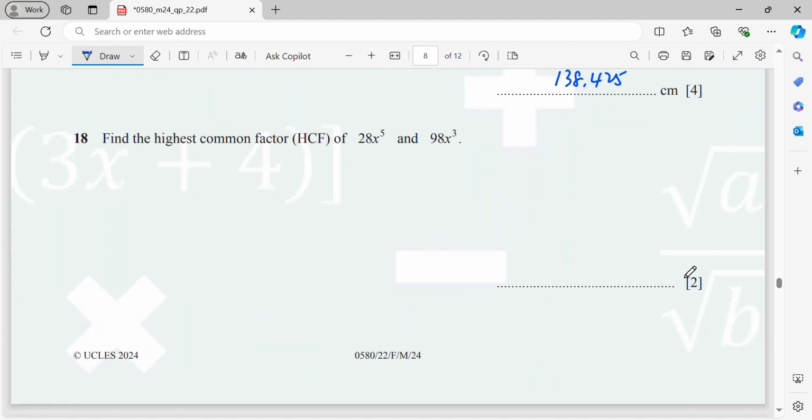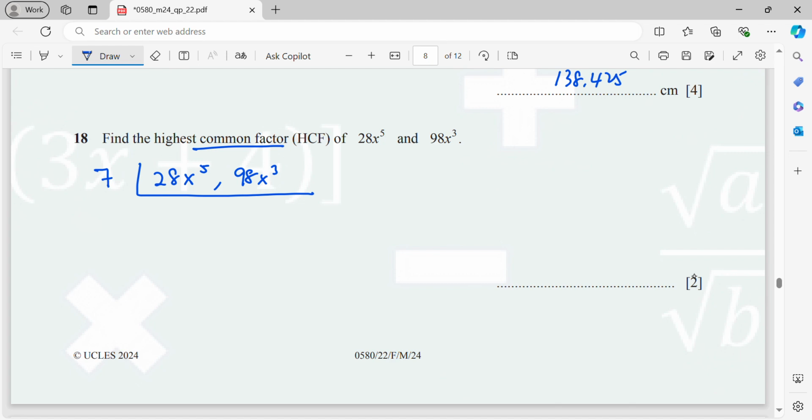Now, next question 18. Find the highest common factor of 28x degree 5 and 98x degree 3. Okay, so to get this highest common factor, I will just use the division method. From here, I notice that 28 can be divided by 7 and 98 also can be divided by 7.